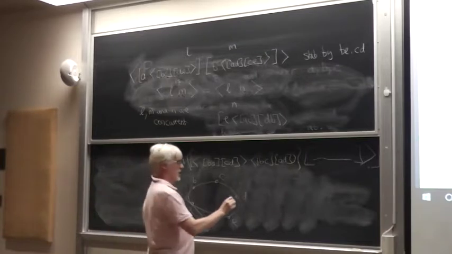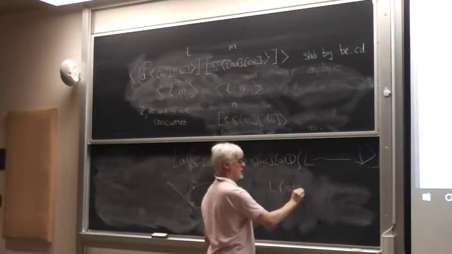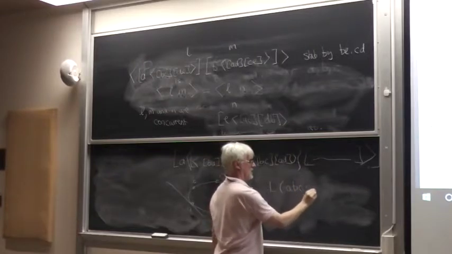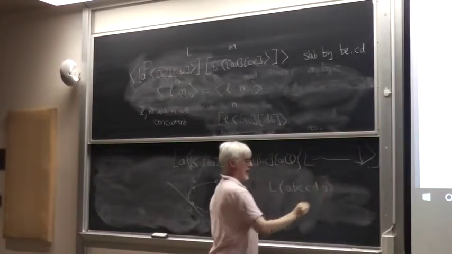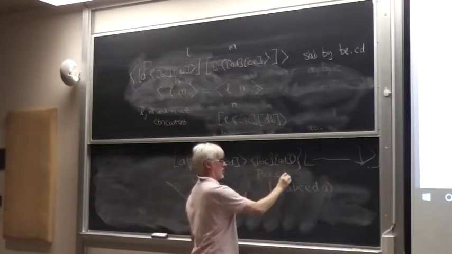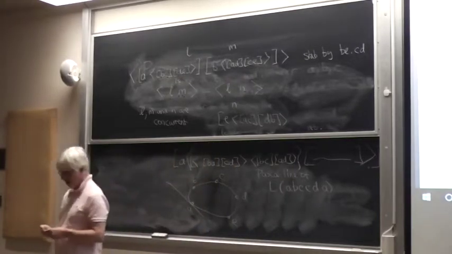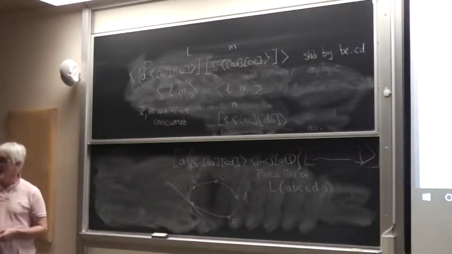So let's have a look at the Pascal line of the hexagon A, B, C, C, D, A. Now, this is slightly peculiar. This is a very funny hexagon. It passes through A twice and C twice.